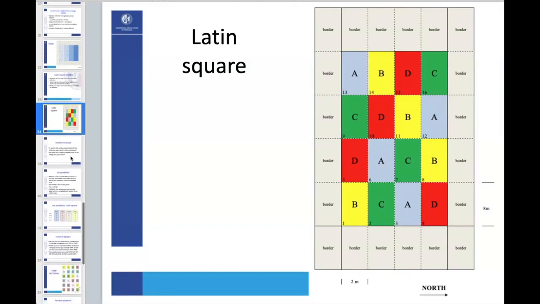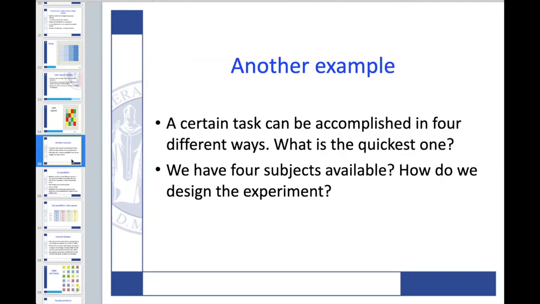Well, it's important that I show you another example, just to tell you that we can use Latin square designs also outside agriculture. In this case, just assume that we have a certain task that can be accomplished in 4 different ways. And we have to decide which is the quickest protocol.